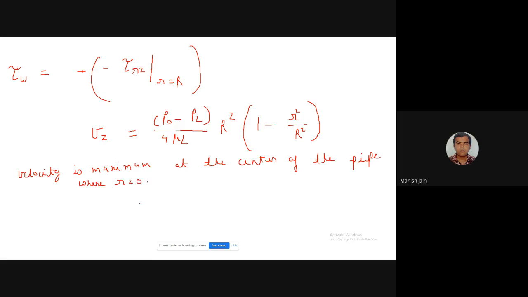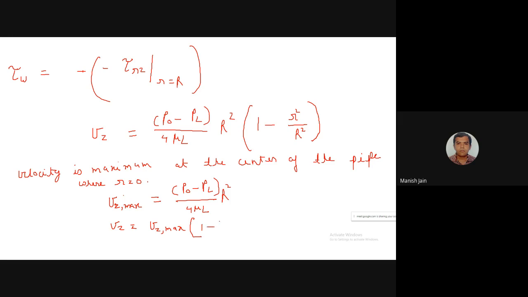So Vz max, that means maximum velocity, equal to P naught minus PL divided by 4 mu L times capital R square. So the original equation can be written as Vz equal to Vz max multiplied by 1 minus r square divided by capital R square.